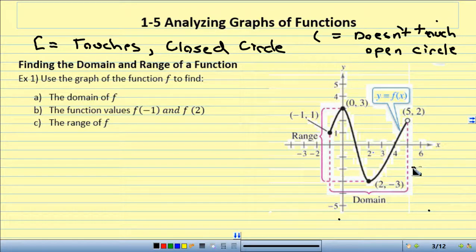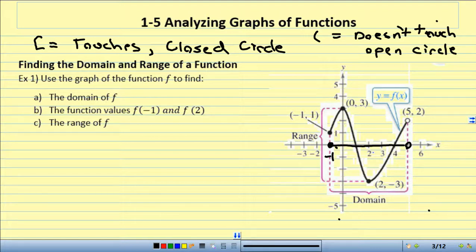And if I project this down to the x-axis, I've got an open circle here. The graph continues along all these x values, and it ends with an open circle there. So I got a closed circle here, closed circle here, and an open circle here. So I start at x equals -1.